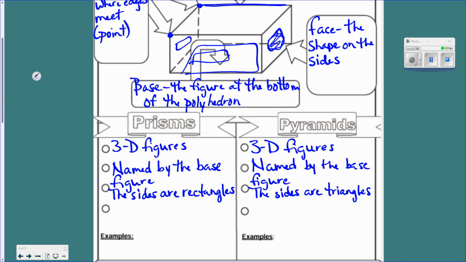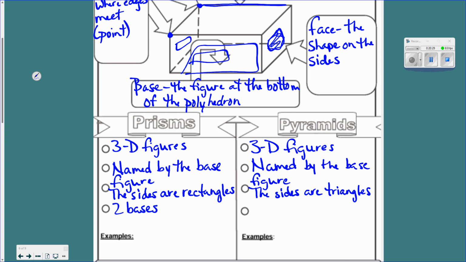Because my sides are rectangles, there are going to be two bases. Those two bases will be identical. How many bases do you think we have on a pyramid? One, because closing the top is going to be a vertex, because all those other triangles will come together. There's only one base on a pyramid.